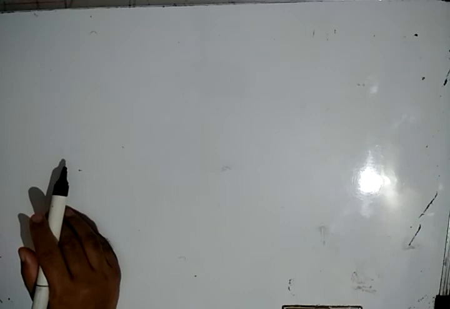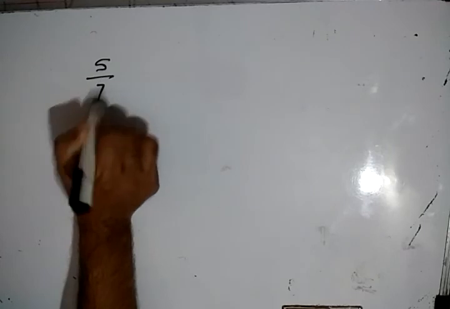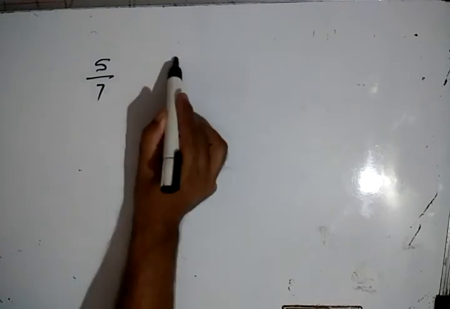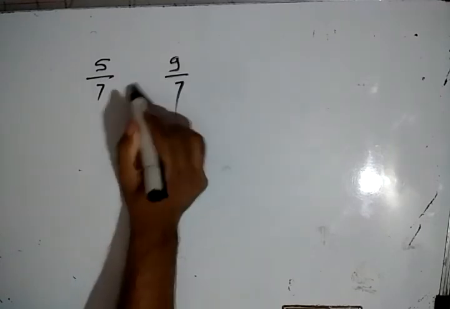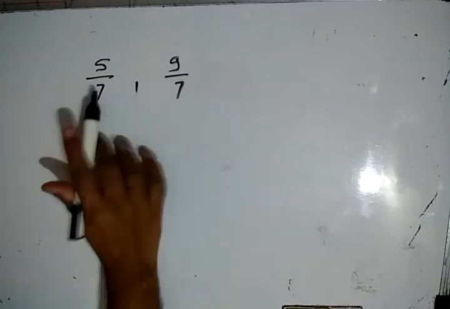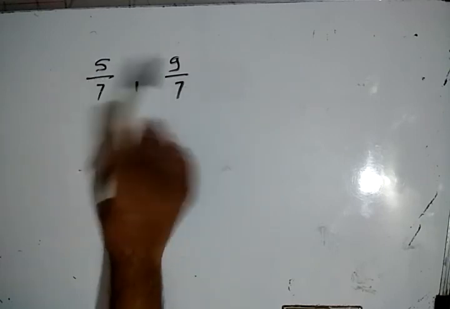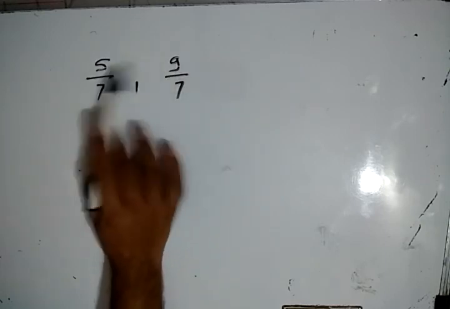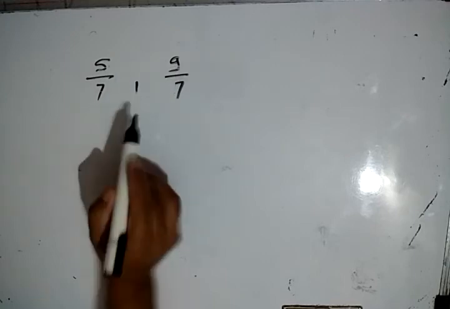And here, when we compare, if the denominators are the same, for example 5 upon 7 and 9 upon 7, these are the two numbers. If the denominators are the same, then only compare the numerators. Which numerator is bigger here? 9 is bigger.